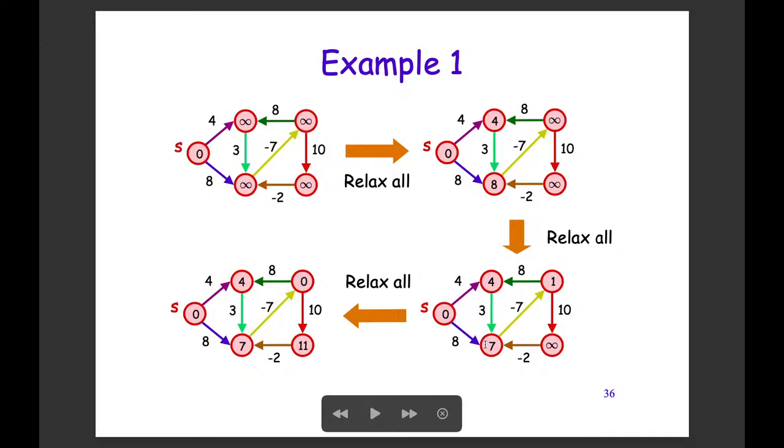Because the shortest path is like this, and the one that is on the shortest path before reaching this node will be correctly set in the second round, which is 7 here, so that after the third round, we will correctly set it to be 0, no matter how we perform the relax operation.